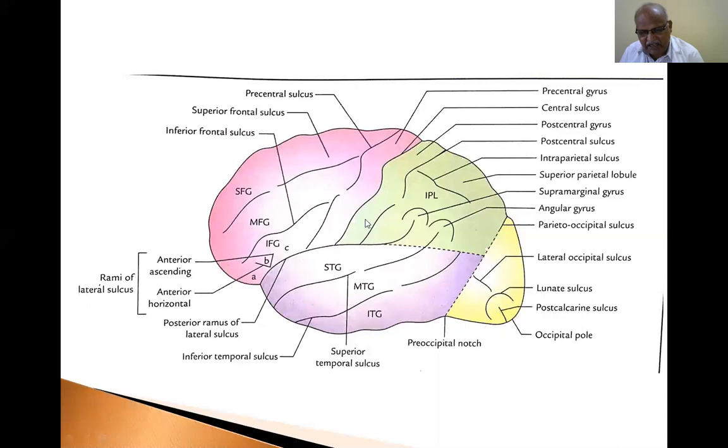So functional areas of the brain differ anatomically and histologically, both structurally and functionally, from one area to another.